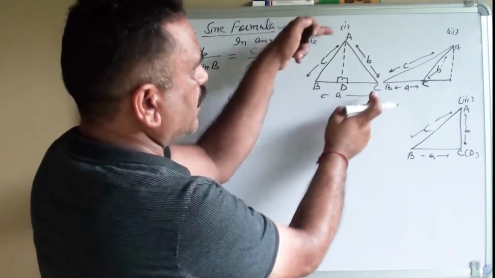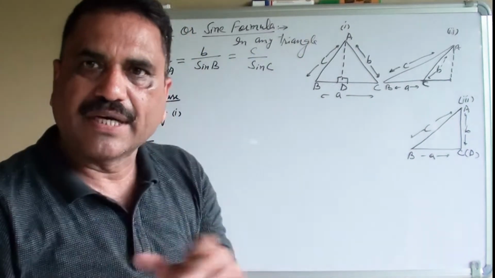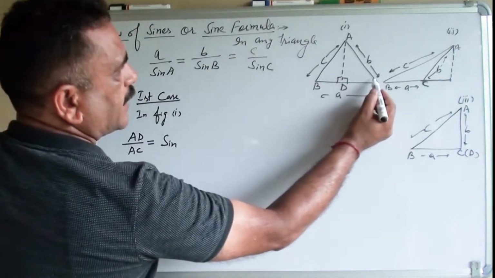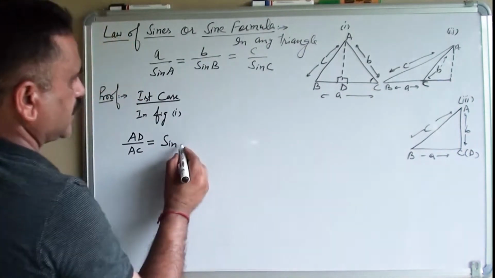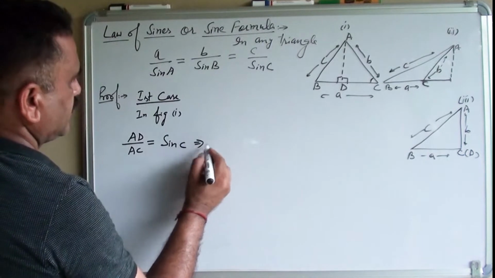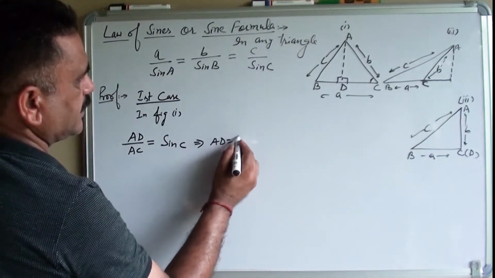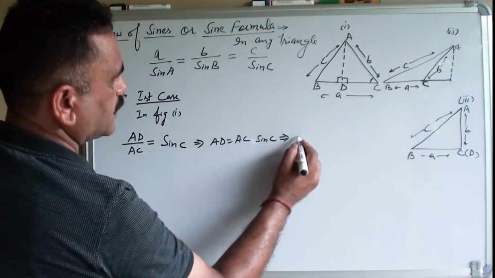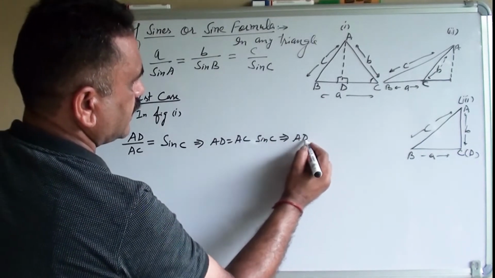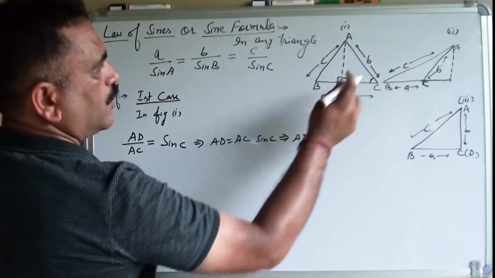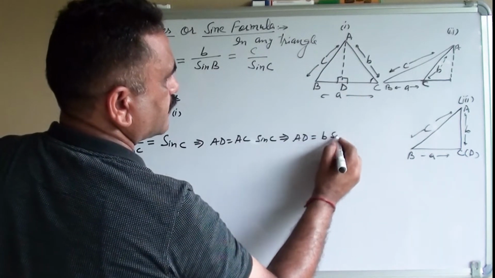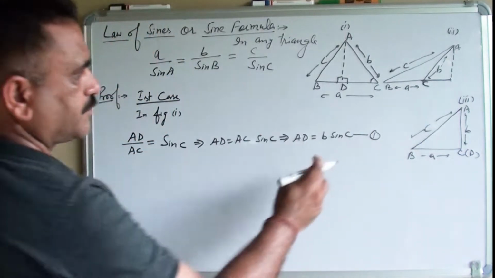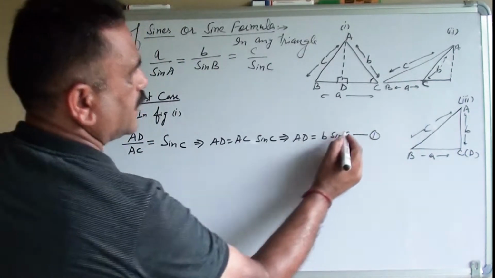AD is the perpendicular, AC is the hypotenuse. So AD upon AC is equal to sine of this angle, so it is sine C. This implies AD is equal to AC sine C. So this implies AD is equal to b sine C.